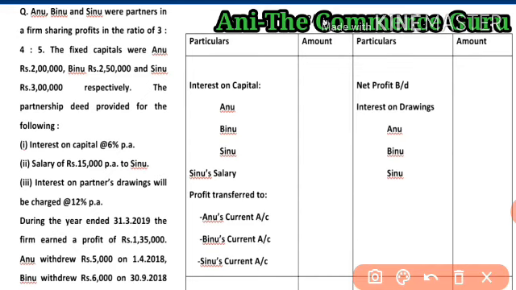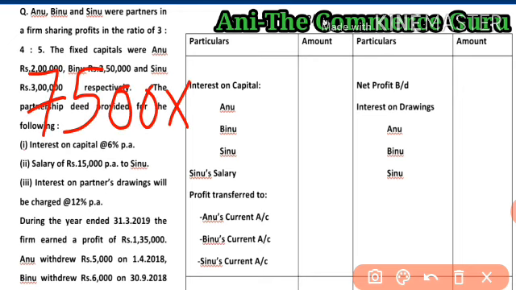Then we have to calculate the interest on drawings of Sinu. Sinu's amount of drawing as per the question is 7,500 into a rate of interest of 12% into period.